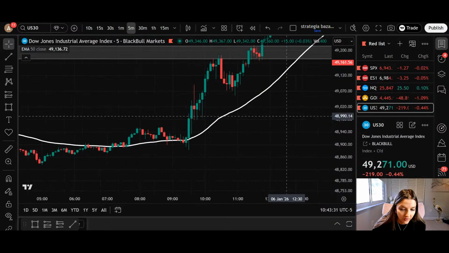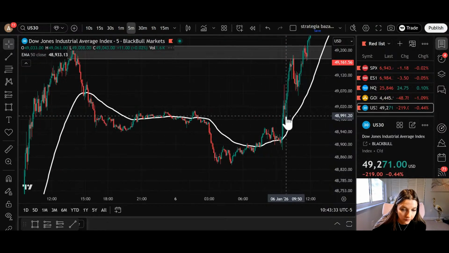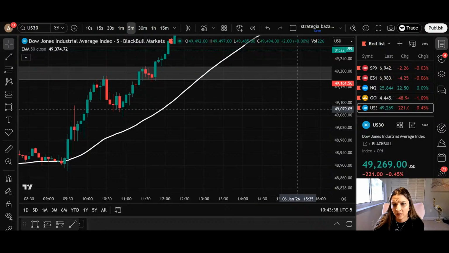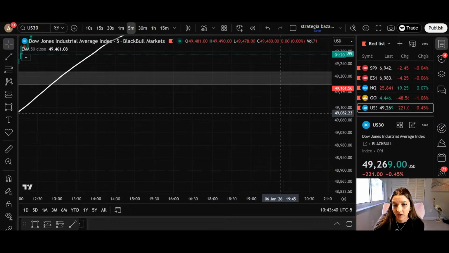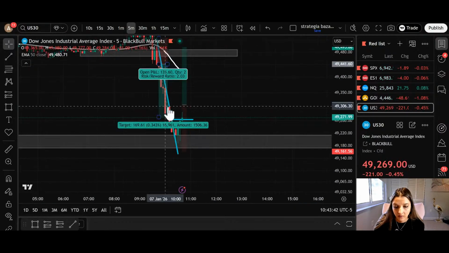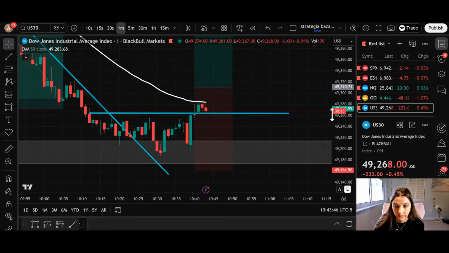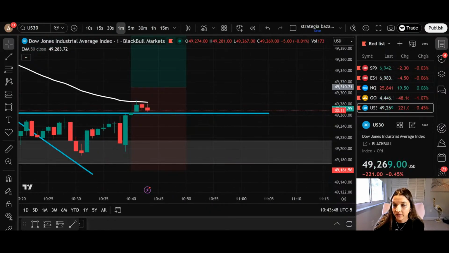But many times the fair value gap, if price passes 49595, that's on futures, right?